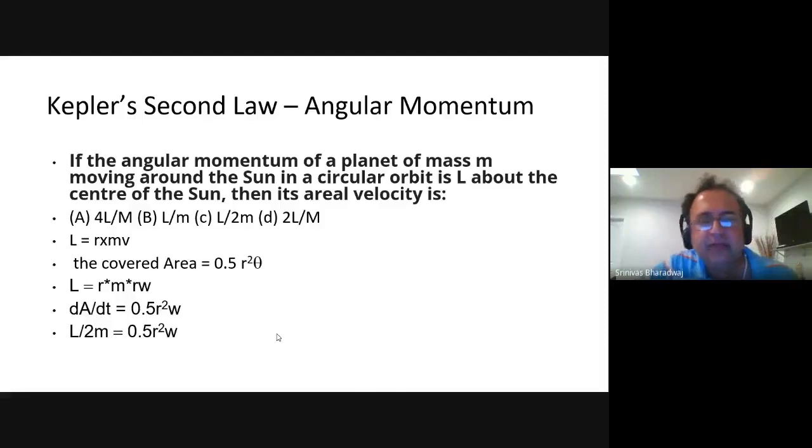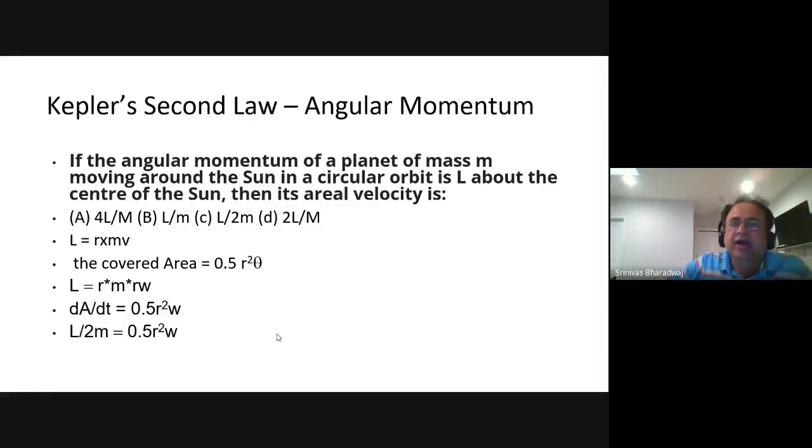I'll tell you why. What is the area of a circle? Pi r square. What is pi? Pi is half the total angle, so half 2 pi r square is the area.